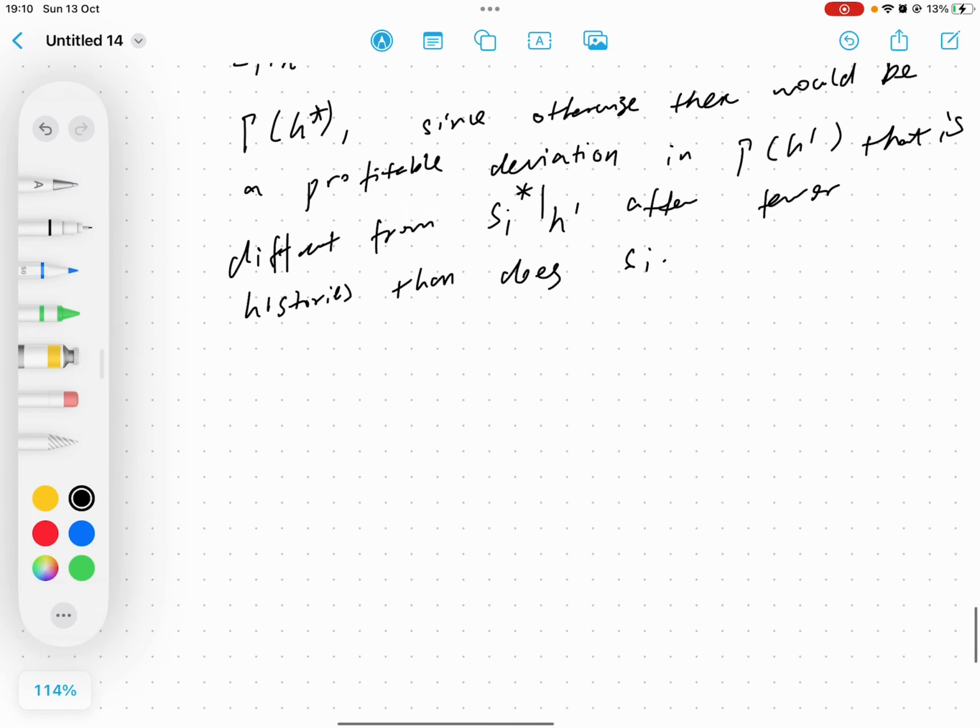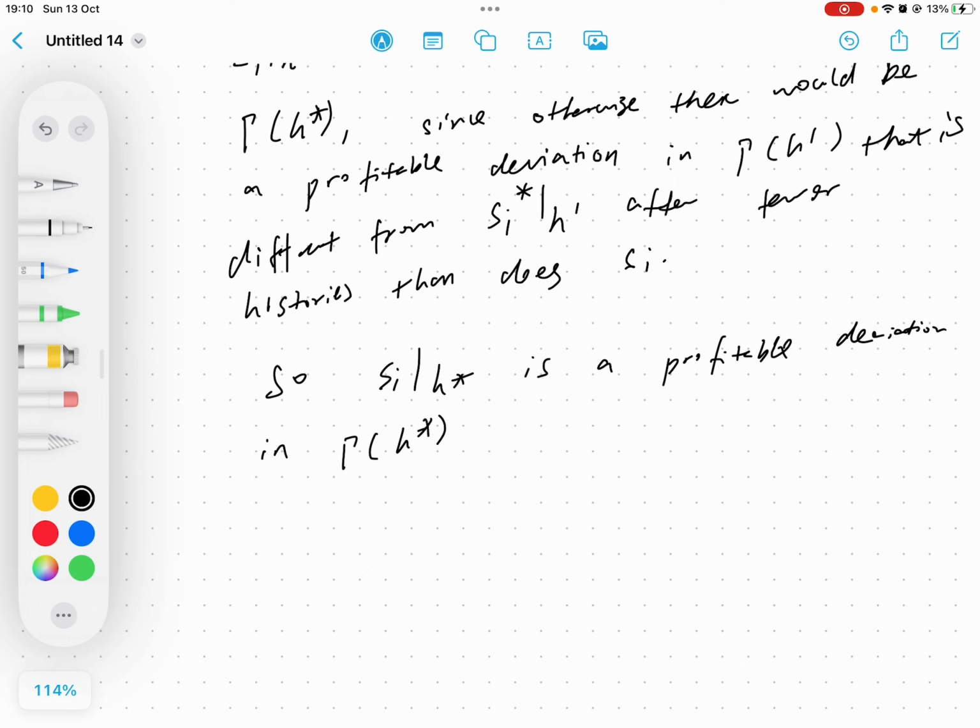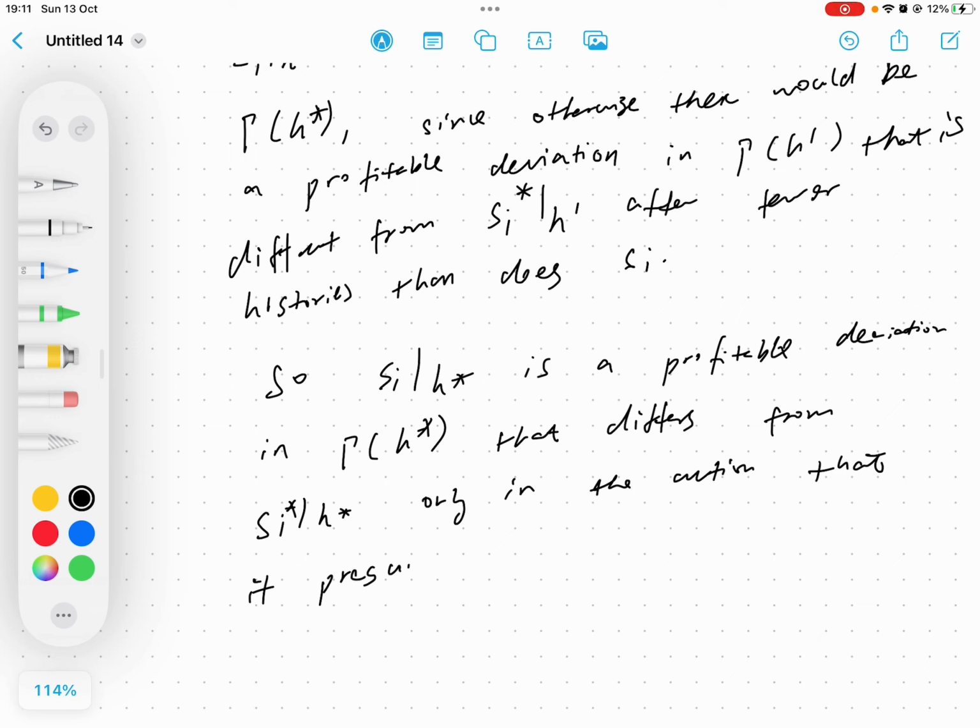So Si following h star is a profitable deviation in gamma h star that differs from Si star following h star only in the action that is prescribed after the initial history of the gamma h star, right? Then we complete the proof of it.